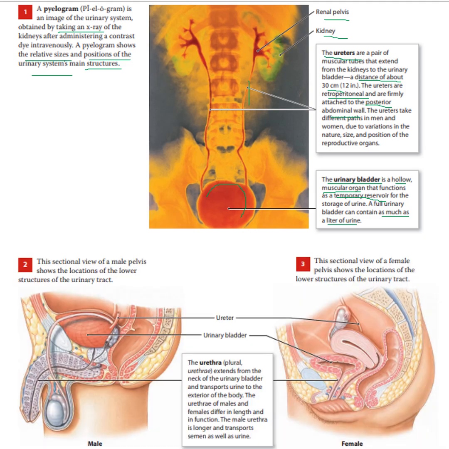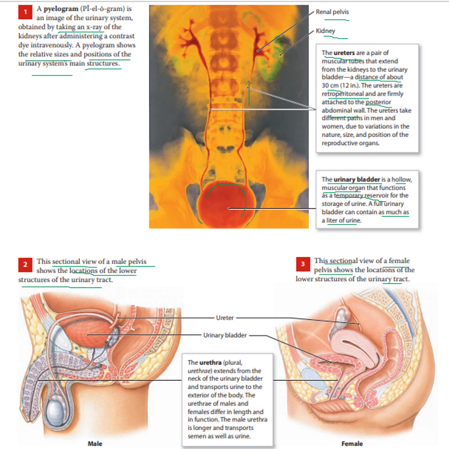In this image, this section views a male pelvis and shows the location of the lower structure of the urinary tract. This section views a female pelvis and shows locations of the lower structure of the urinary tract.